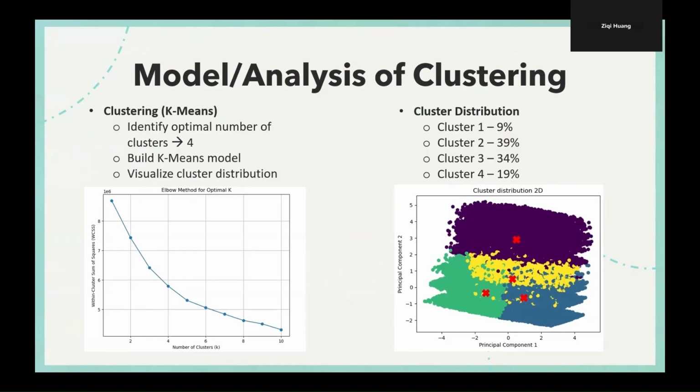So we segmented our dataset into 4 clusters, each with its own unique interpretation. Based on the bottom right plot, clusters 1 and 4 have a relatively smaller distribution, while clusters 2 and 3, on the other hand, have a relatively higher distribution.